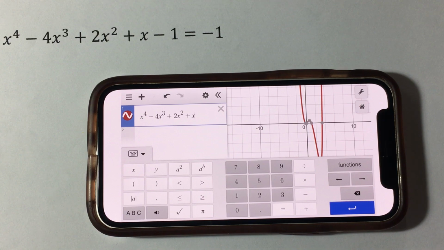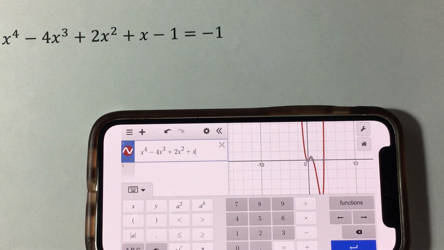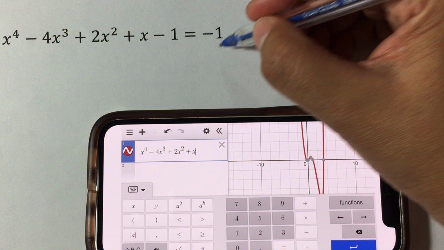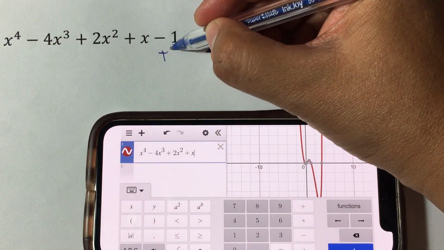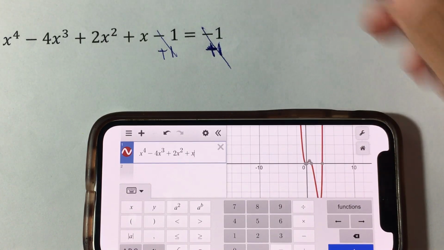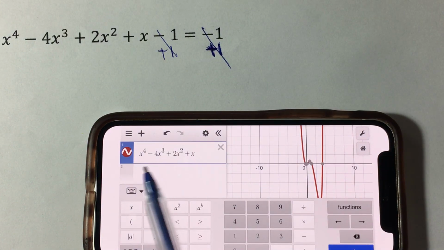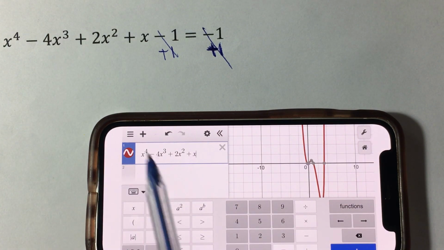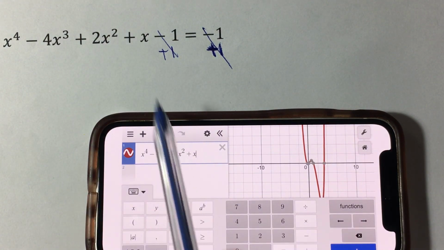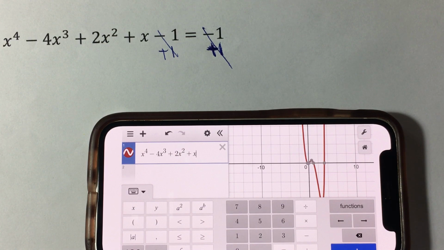So in here, something that I want you to do is, before we plug anything else, if you notice, by adding 1 to both sides, this will cancel, and that's all you are left with: x to the 4th minus 4x cubed plus 2x squared plus x.